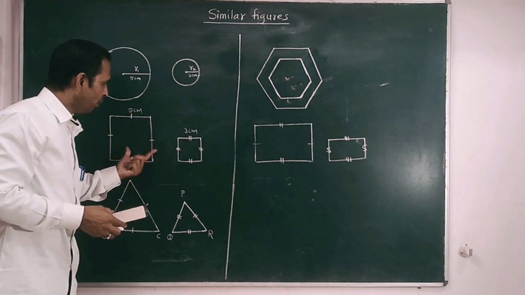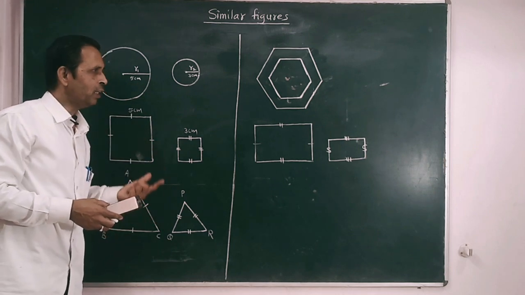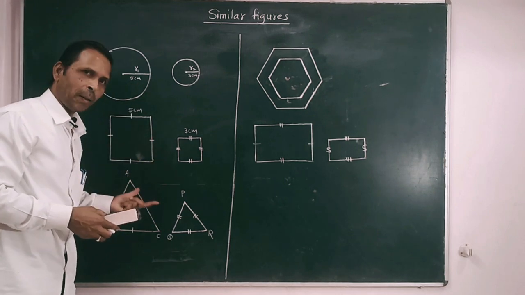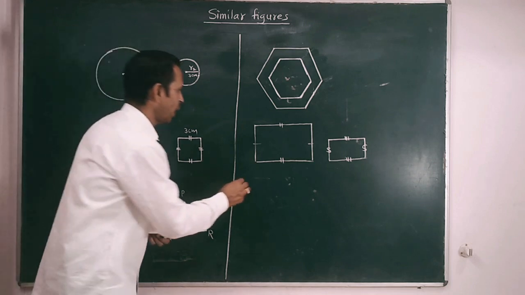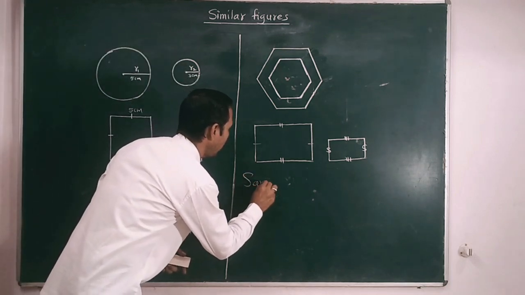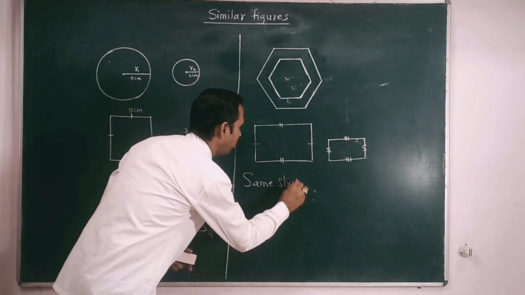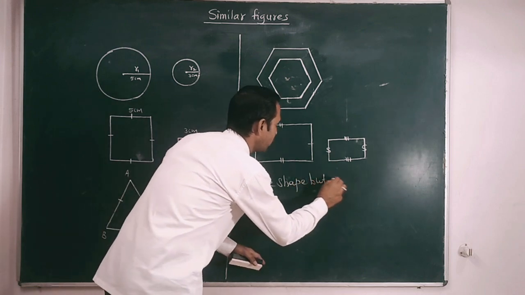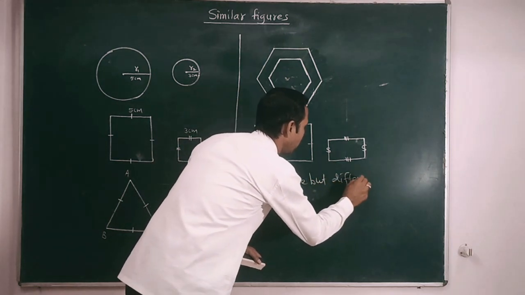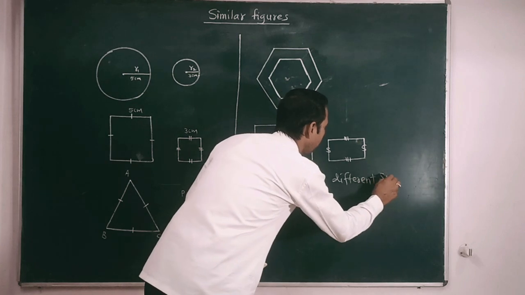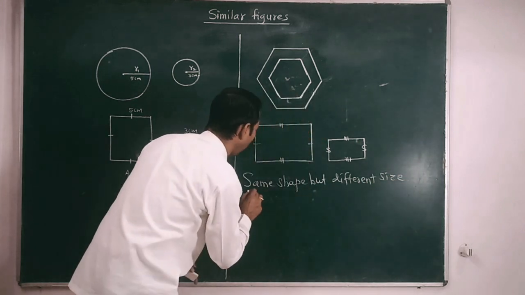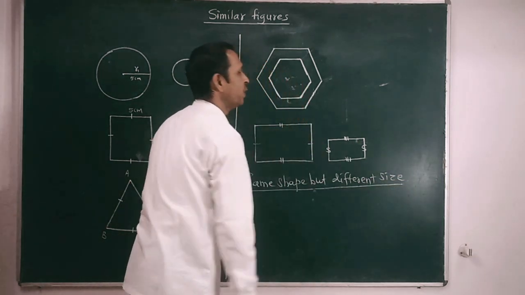Means the figures which have the same shape but different size. Same shape but different size. Such figures are called similar figures.